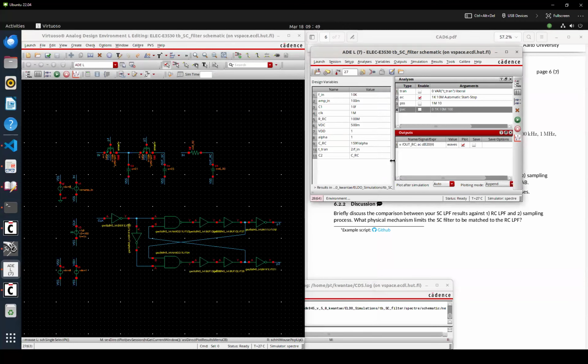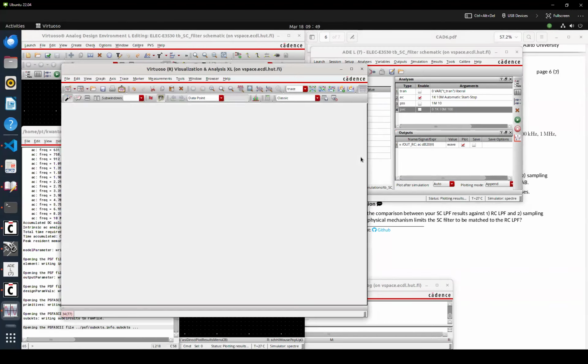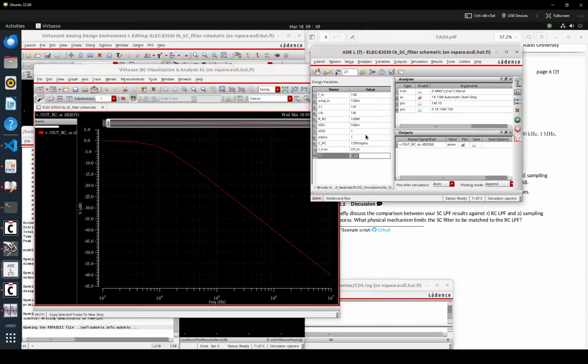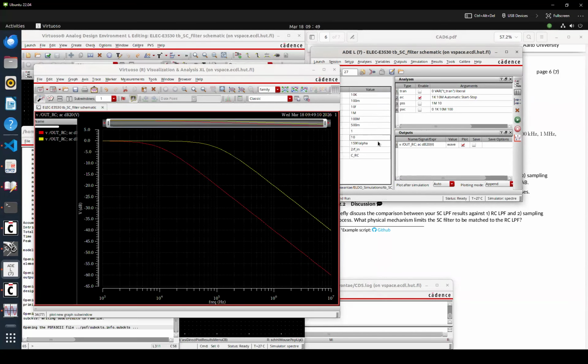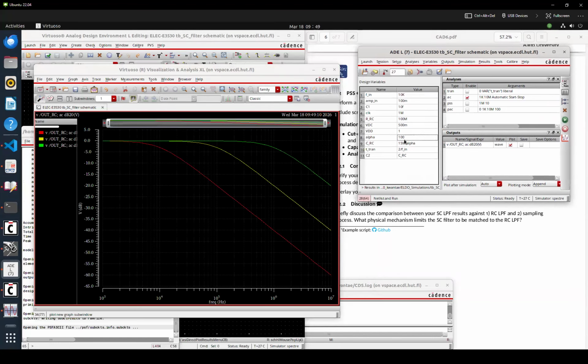Let's change it to append and ARPA equal to 1 here, for ARPA equal to 10, 100, and 1000.